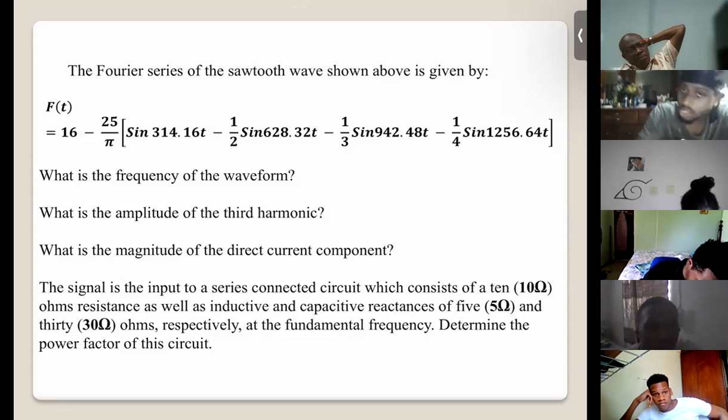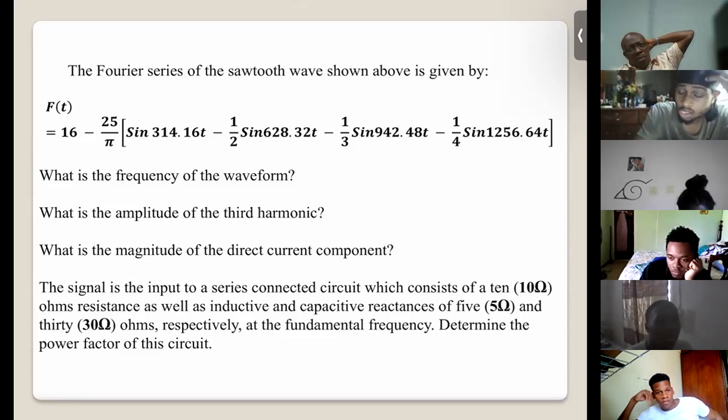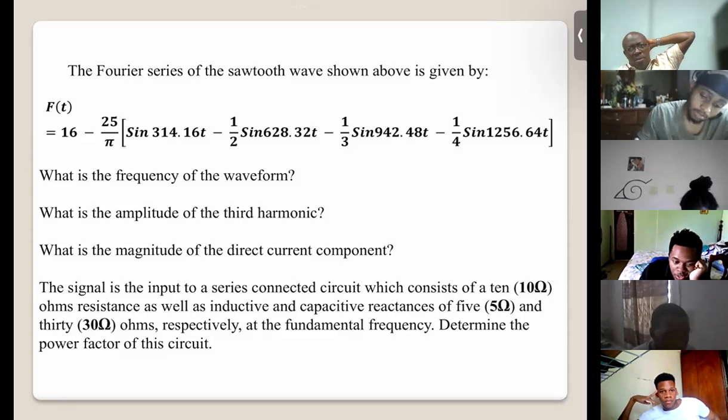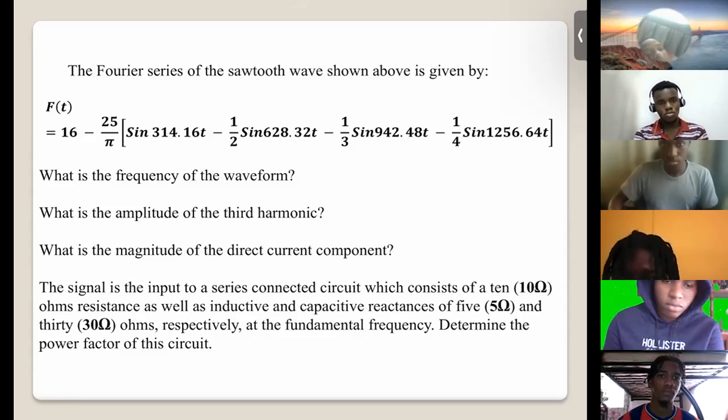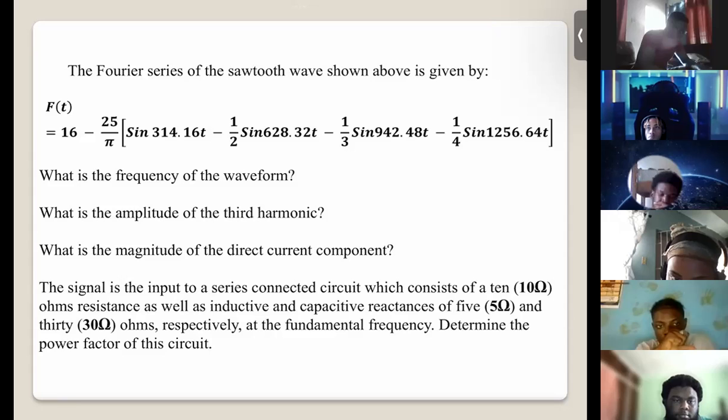First question. Going down the line. Not McFarlane, Martin Kavar. Yes, sir. How would we determine the frequency of the waveform?